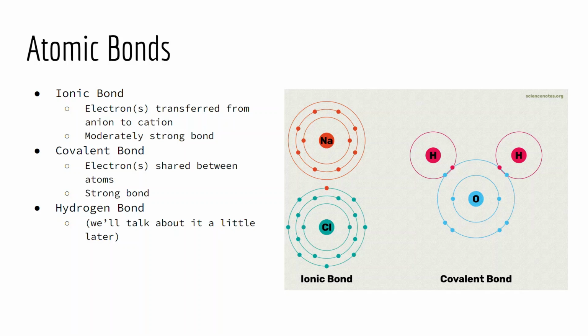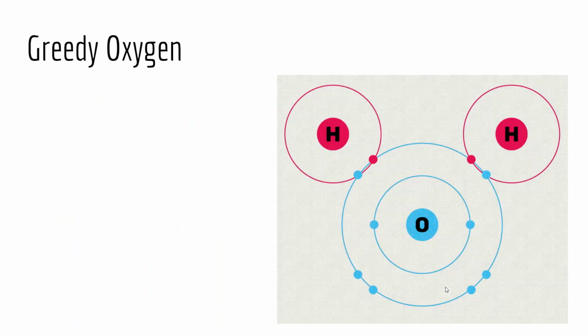The weakest bond is the hydrogen bond. To explore a little bit more about the hydrogen bond, we need to take an even closer look at water. The oxygen atom in water has two covalent bonds with each of its hydrogen atoms. That means that each atom is sharing their electrons. But they aren't sharing equally.